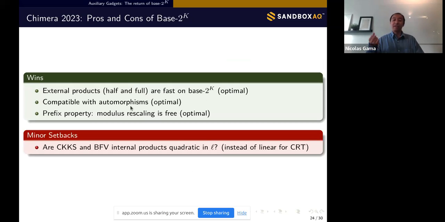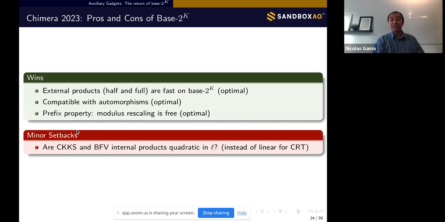So if I decide to switch the variable x with some power of x, it doesn't change anything to the theory. We can also work with a nice prefix property. If I have a high precision ciphertext and I want a lower precision ciphertext, I can just truncate it. So modulus rescaling is for free.